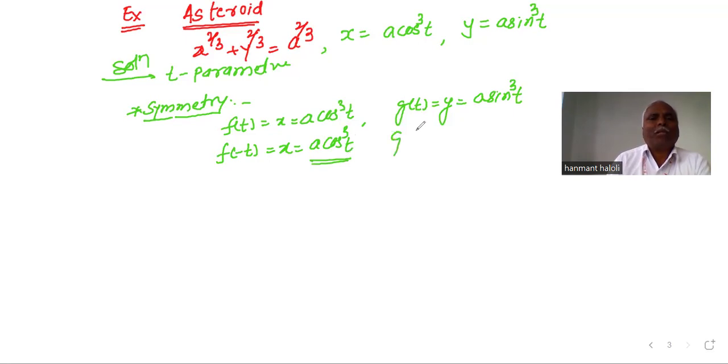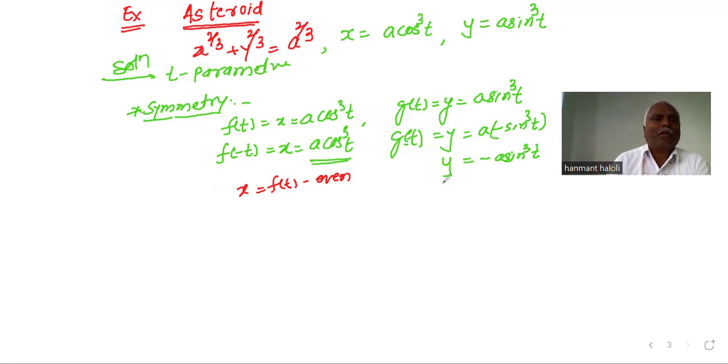Similarly, we replace t by minus t in g of t, then y equals a into minus sin cube t. Therefore, we get minus a sin cube t. Here y you got odd function. Now here f of t, that is x, is an even function. Y, that is g of t, is an odd function.